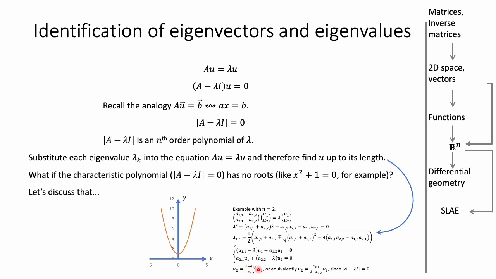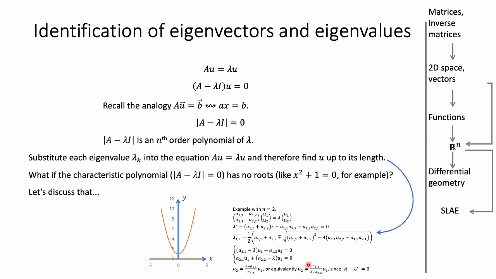This formula that links together the first and the second components of the vector u, and this formula that links together these components is really the same, just because lambda itself is not an arbitrary number, but is found from this equation, and it already has components of the matrix A in it together.